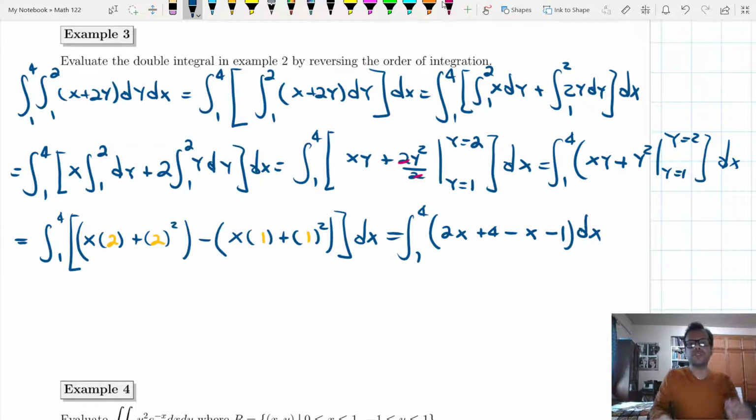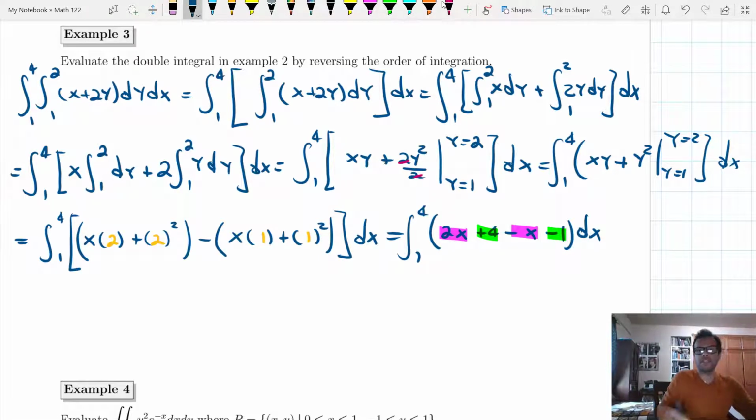Notice now this reduces to an integral that depends only on one variable, and we integrate with respect to one variable, right? x's with x's, constant terms with constant terms, all right? Okay, let's simplify this.